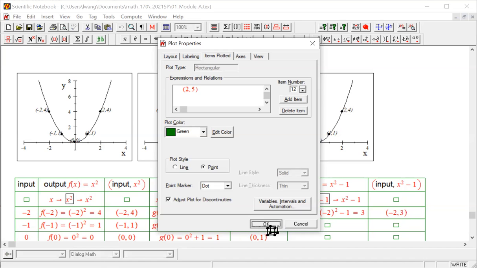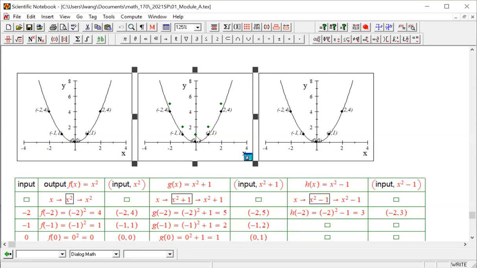Let's see how the points are positioned. You see all the points are shifted vertically up by 1 unit. All the points from the same input are shifted up by 1 unit.